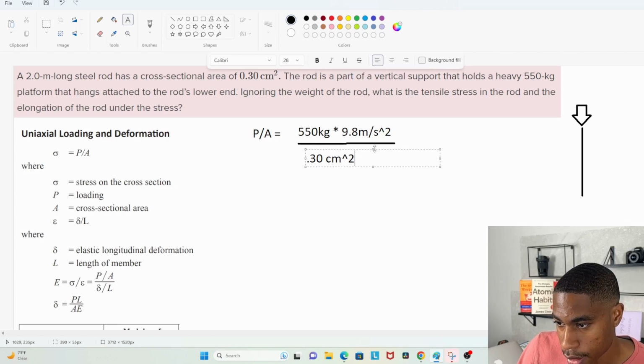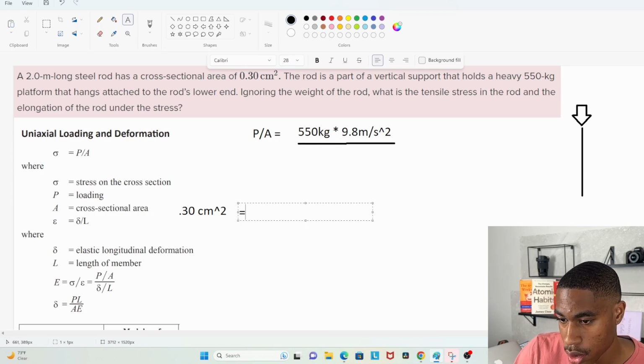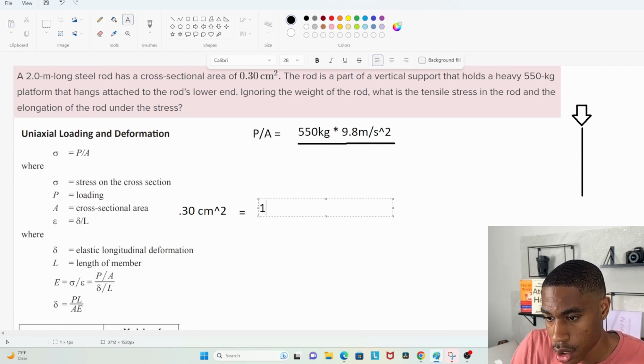So I'm just going to drag this over here, and we'll say equals. How much is 1 meter squared?